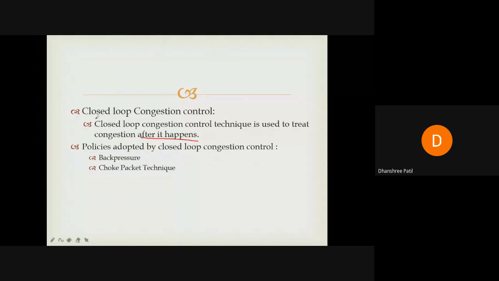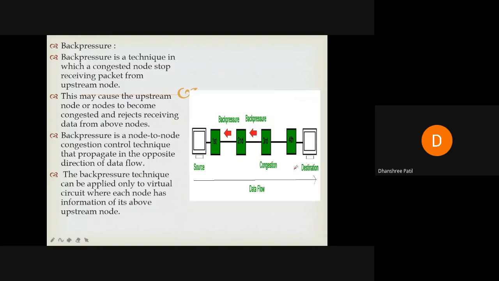That is the closed loop congestion control strategy. There are two techniques under closed loop control. The first one is back pressure and the second one is the choke packet technique. Let's see what this back pressure is.